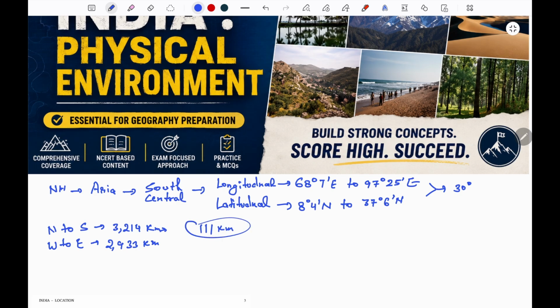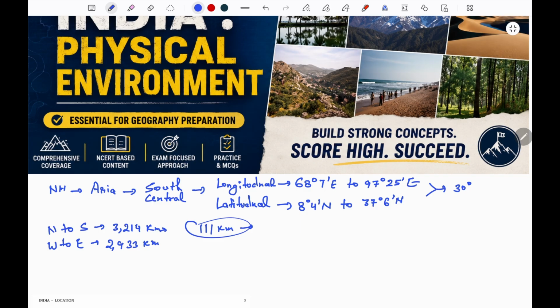And the distance between the two longitudes decreases as we move from equator towards the pole. That is, at equator, the distance between two longitudes is around the same 111 kilometers, and at around 55 degree north it is around half of it, that is around 56 kilometers. So due to this, the difference in the distance is noticed.